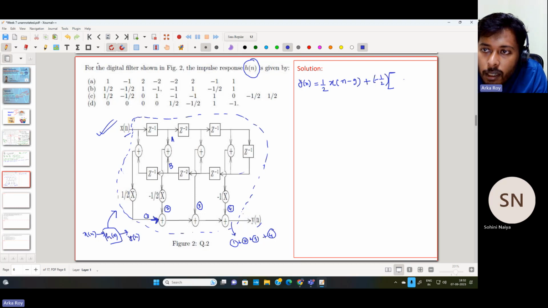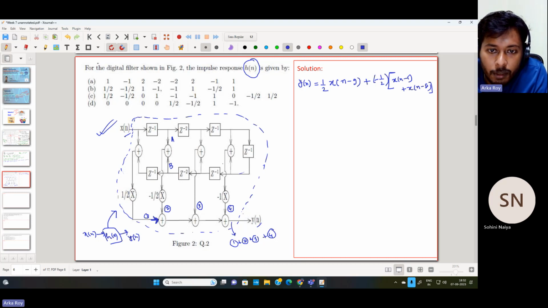This will be x(n minus 1) for A, because this has seen only a single delay, and thereafter I need to check how many delay blocks have been covered at this position. So 1, 2, 3, 4, 5, 6, 7, 8. There are 8 delay blocks, so I can write it as x(n minus 8).